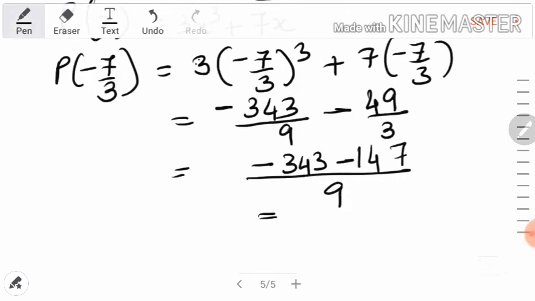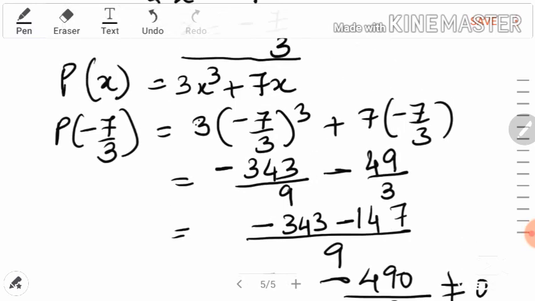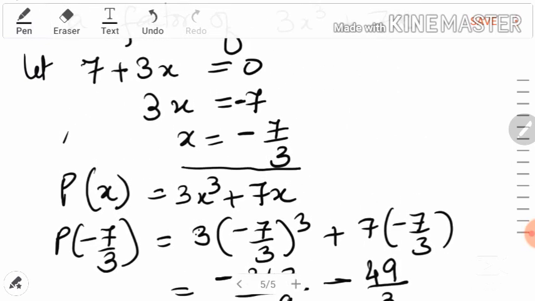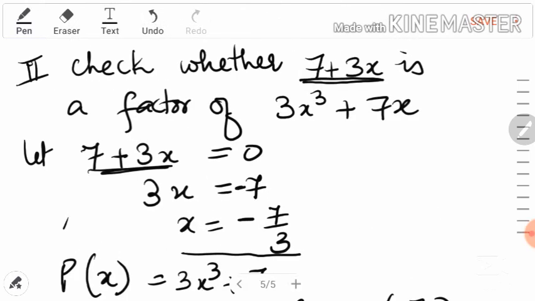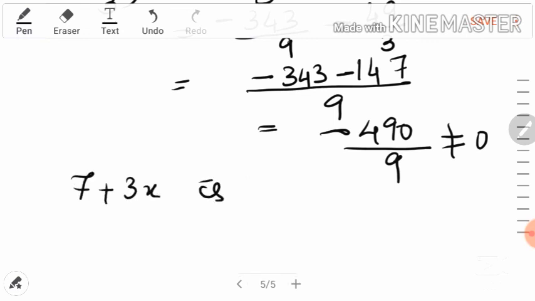On adding, we get minus 490 divided by 9. This number is not equal to 0. We know that if the remainder is 0, only then the divisor will be a factor of the polynomial. So we can say 7 plus 3x is not a factor.